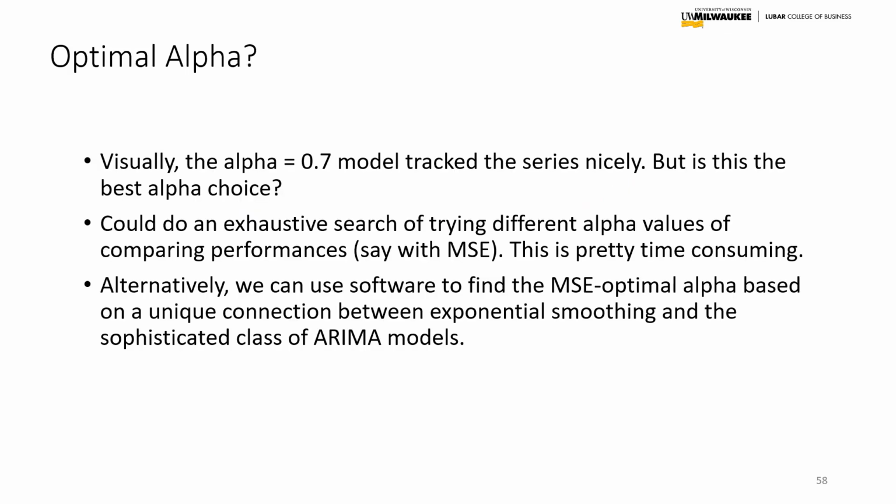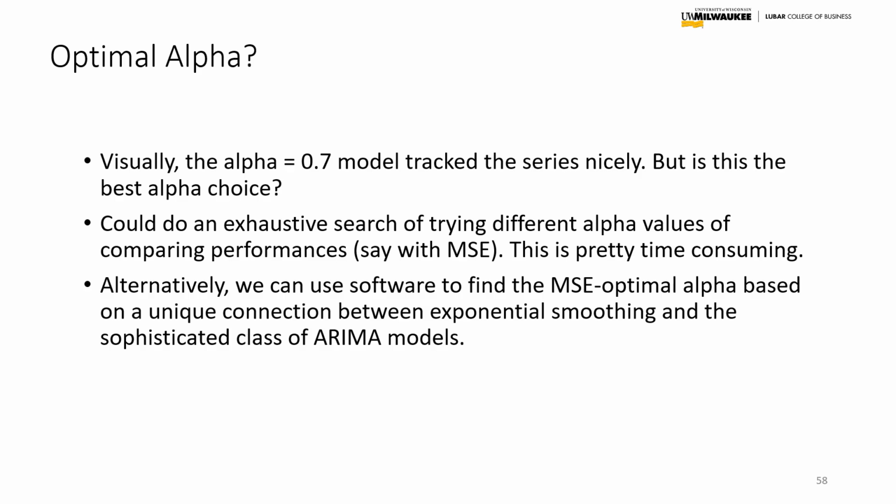Granted, the alpha of 0.7 tracked the series quite nicely, but is this the best alpha choice? We could try an exhaustive search of different alpha values and comparing their performances, say with MSE, but this is very time consuming. Alternatively, we can draw on a unique connection between the exponential smoothing model and a model embedded in the sophisticated class of ARIMA models.